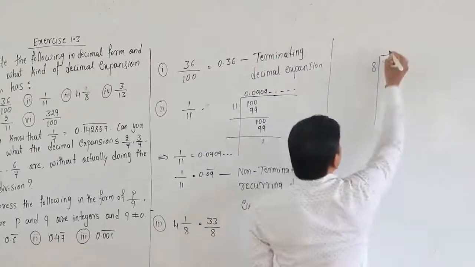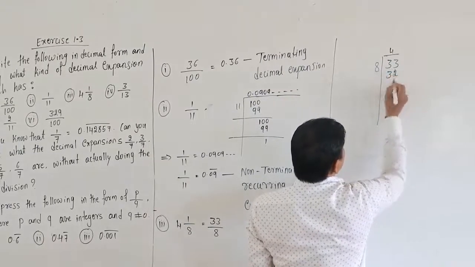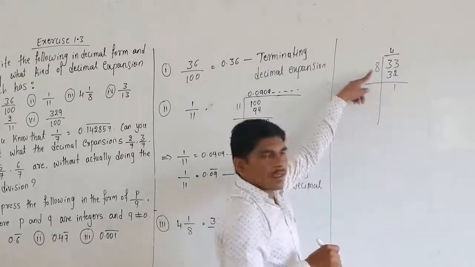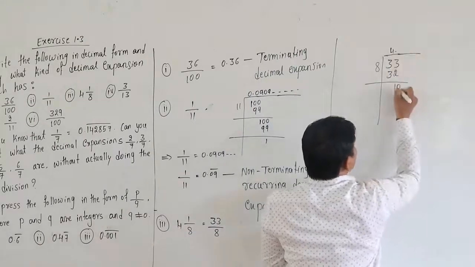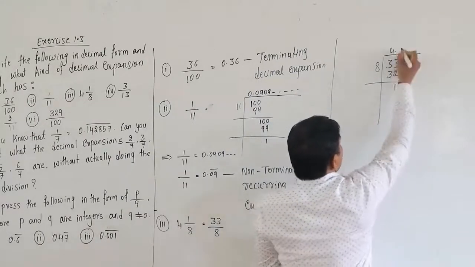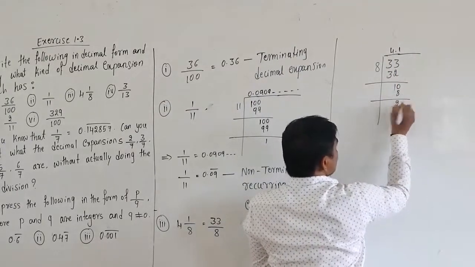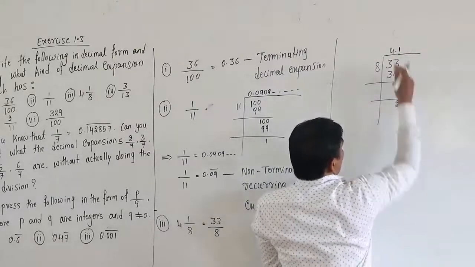Now again you take 4 eights, 32. The remainder is 1. 1 is smaller than 8. That's why you take a point and 0. 10 is formed. Again 1 eight is 8. After simplification, this remainder is 2. Again you take one more 0. We already considered a point.